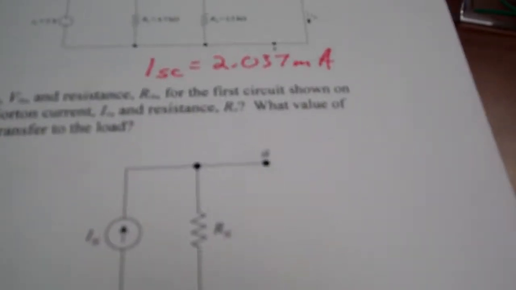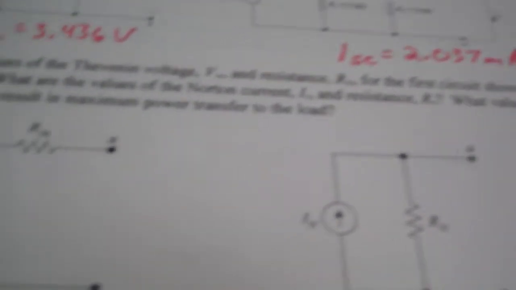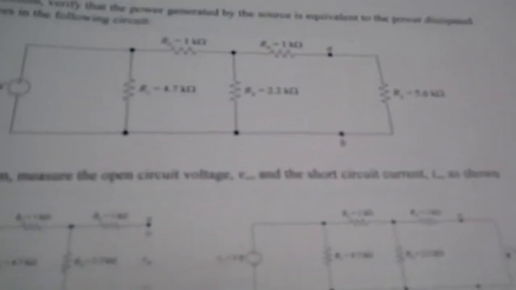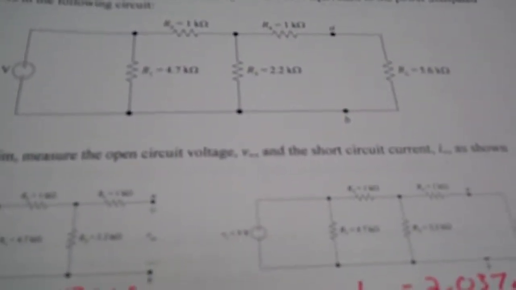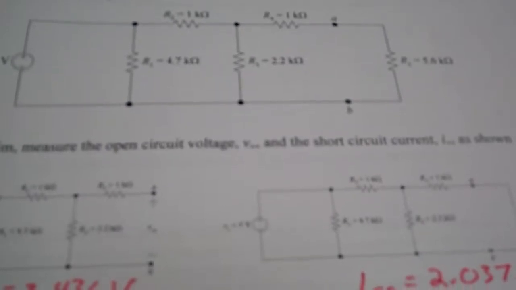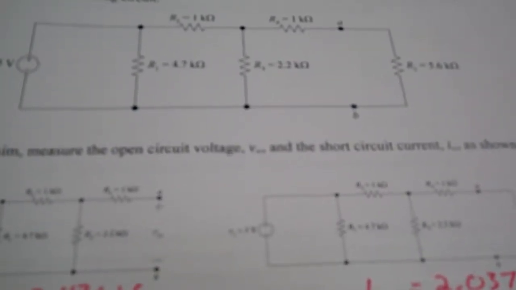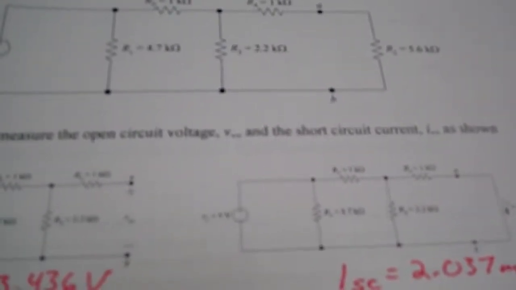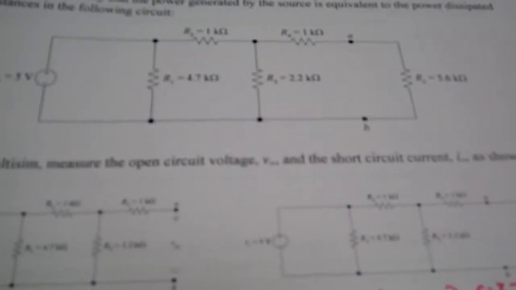And how you accomplish figuring out the Thevenin and Norton parameters is, first you disconnect the load resistor, and then you determine the open circuit voltage across those nodes, and then you put a wire across the load resistor and you find the short circuit current.